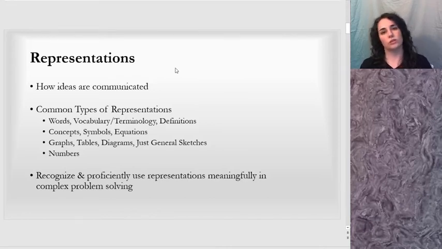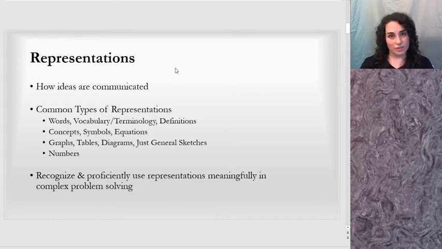They're going to get translated to a sentence of math, an equation. We can use graphs, tables, diagrams, or just general sketches to aid us in our problem solving. And the most adept problem solvers use all of those in order to solve problems. And of course, we're going to have numbers, like we're going to solve for a number typically.